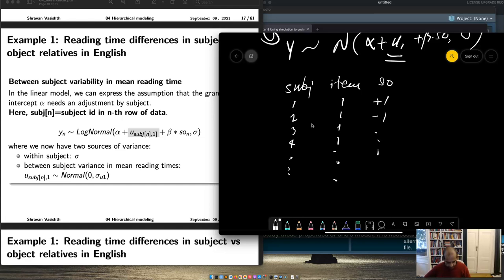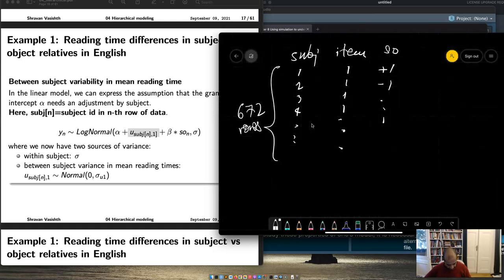The idea is that I'm going to walk through each of the rows in the data frame. There are 672 rows. For each of those rows, I look up the subject ID.